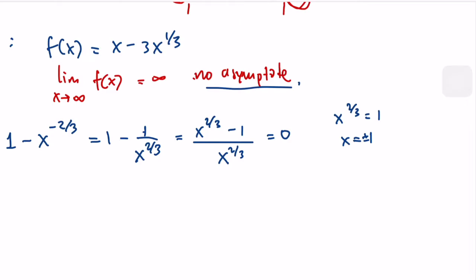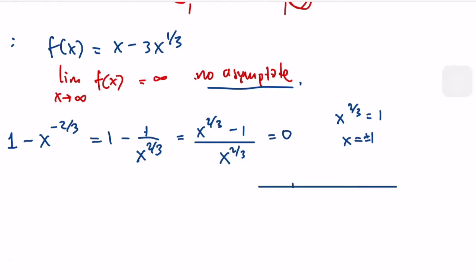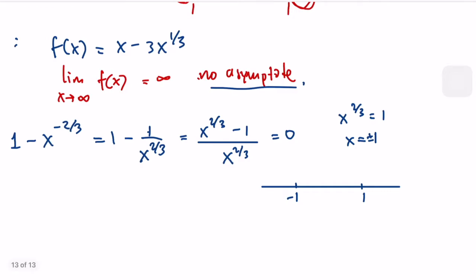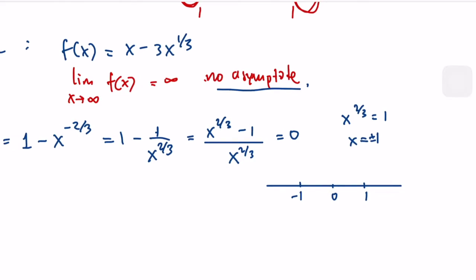And then checking the number line. I will also put 0 here because x cannot be 0 from here, right? And then we can check how the function increases and decreases.